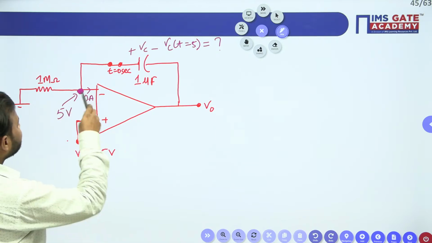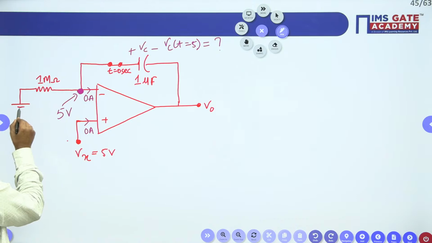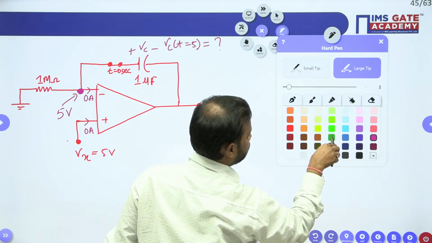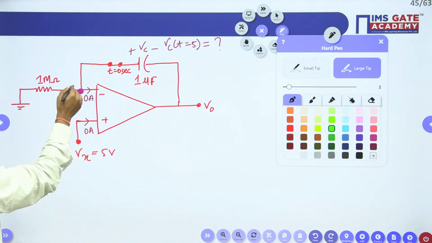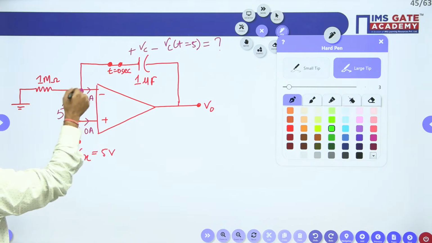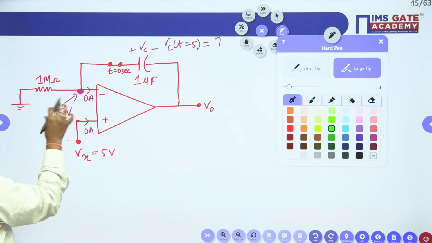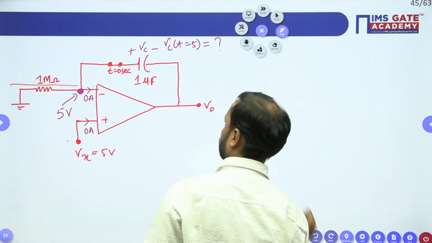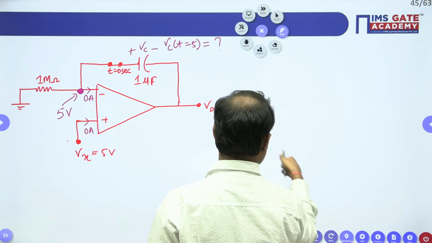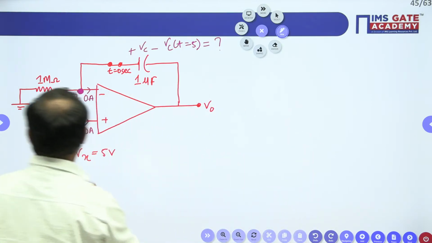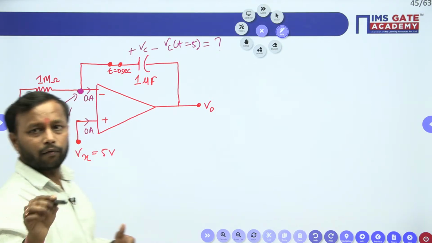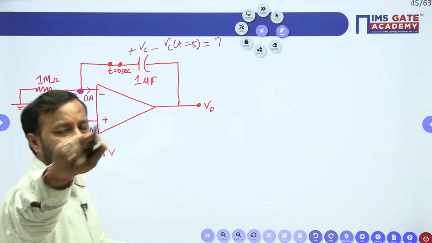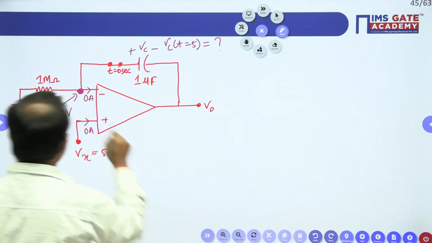Done. This means that, see here, this is grounded. So whatever current is flowing from this 5 volt will be in this direction. The current will always flow from higher potential to lower potential.